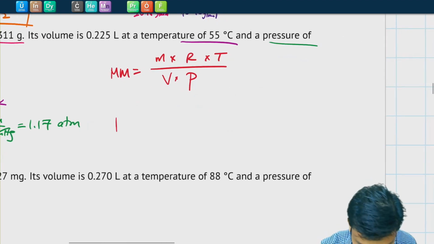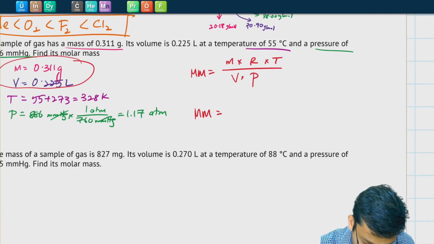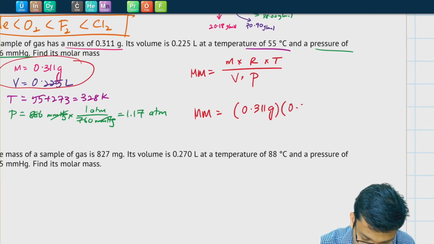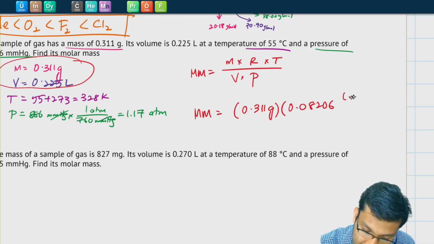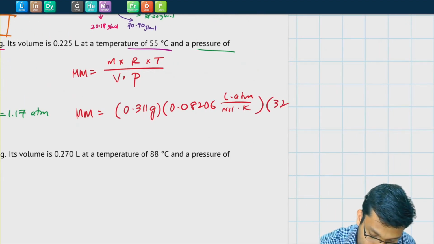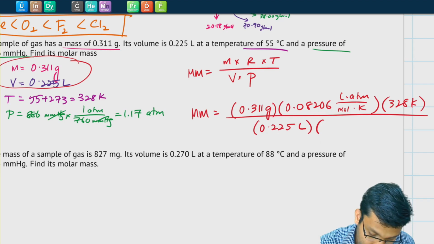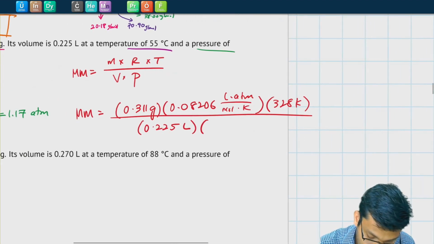Let's see if this works out. The molar mass is, let's put the mass in there, 0.311 grams. R is 0.08206 liters times atmospheres divided by moles times Kelvin. And temperature in this case was 328 Kelvins. I divide that by the volume, which is 0.225 liters. And then I divide that by the pressure, which was 1.17 atmospheres.